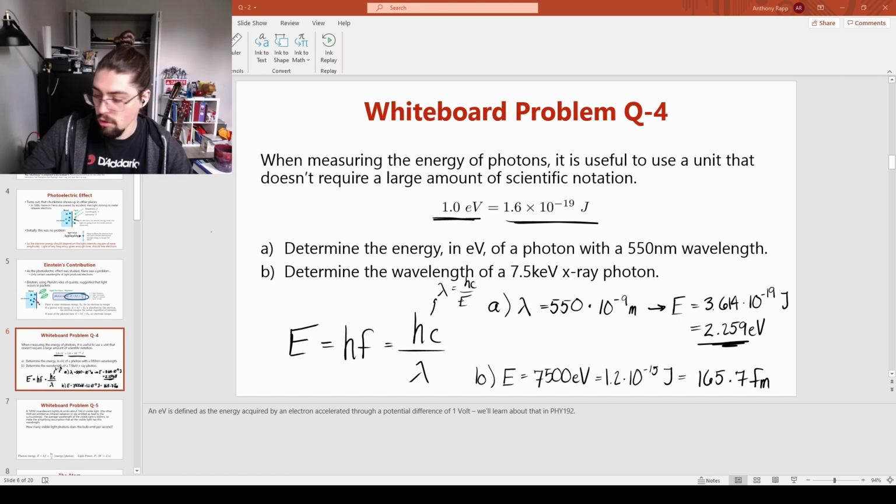That should work totally fine. And I think I've rounded something slightly strange. So convert the femtometers. 0.1657 nanometers. No, that's fine.